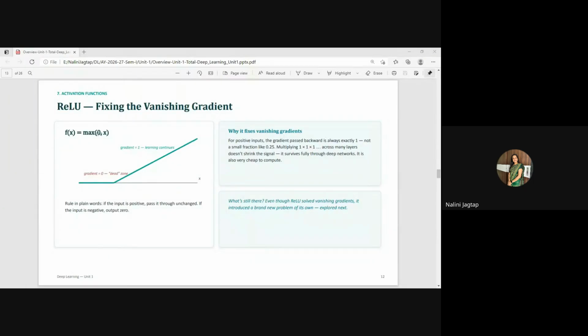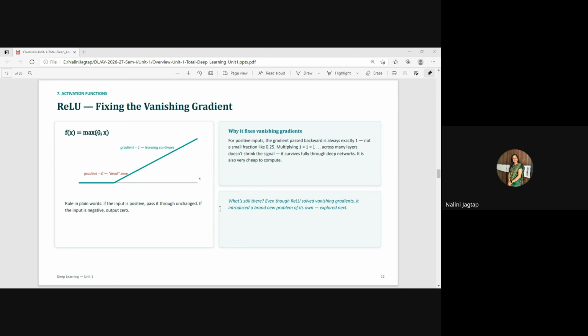Okay. So coming back to fixing this problem with ReLU. ReLU is the rectified linear unit, and its defining rule could hardly be simpler. If the input to a neuron is positive, let it pass straight through unchanged, and if the input is negative, output exactly zero.